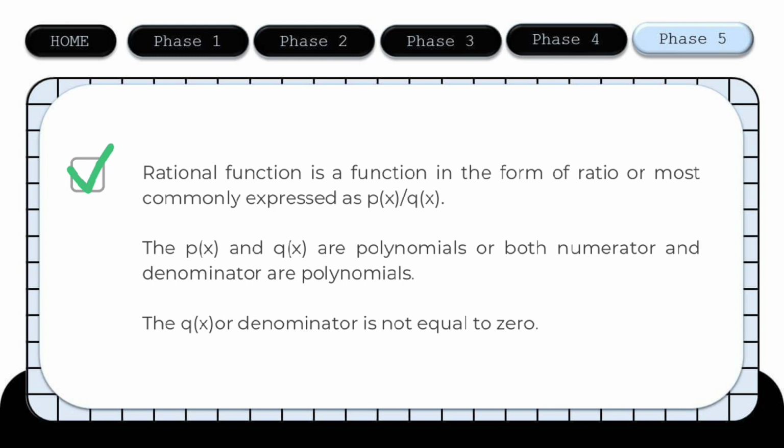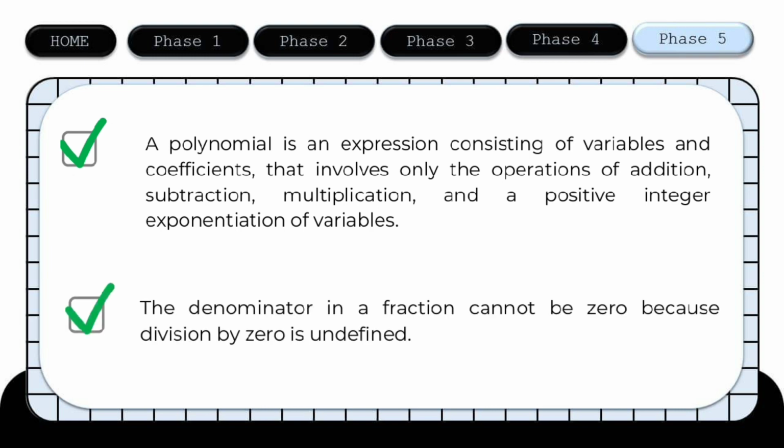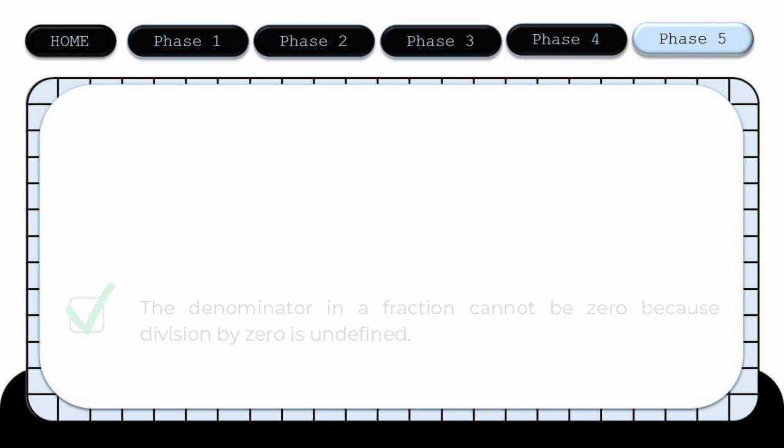A polynomial is an expression consisting of variables and coefficients that involves only the operations of addition, subtraction, multiplication, and a positive integer exponentiation of variables. The denominator in a fraction cannot be 0 because division by 0 is undefined.